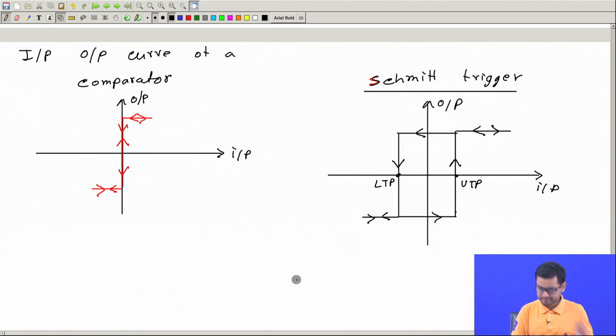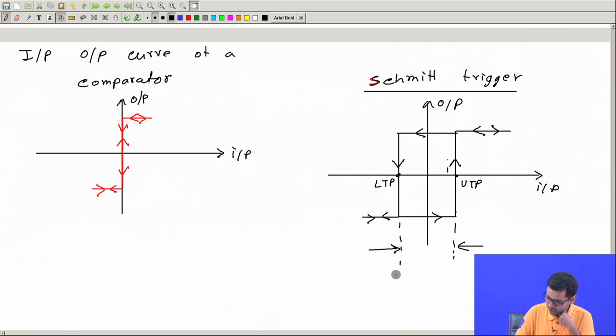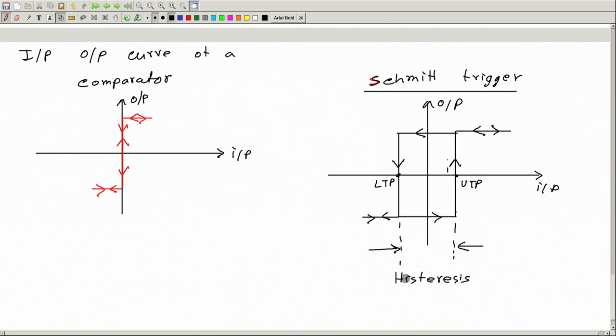So you observe that if you can change the lower trigger point and upper trigger point and bring them closer, if you bring this line here and bring this line here, then this gap reduces. And this gap has a name. This gap is called the hysteresis band, which is the same as upper trigger point minus lower trigger point.